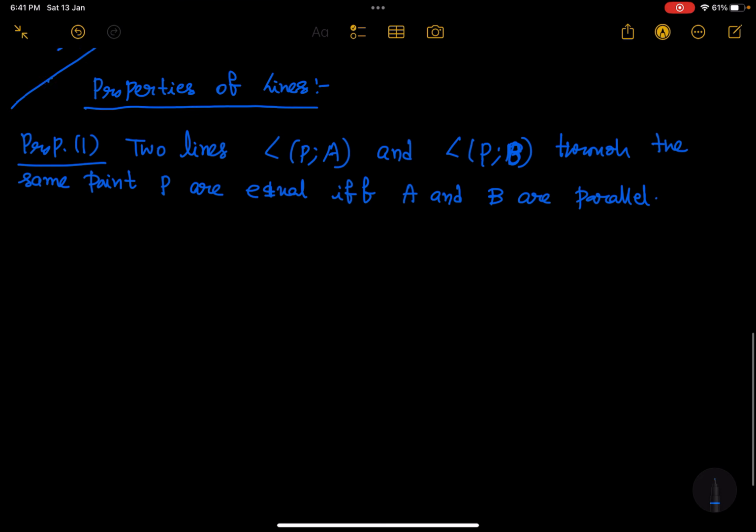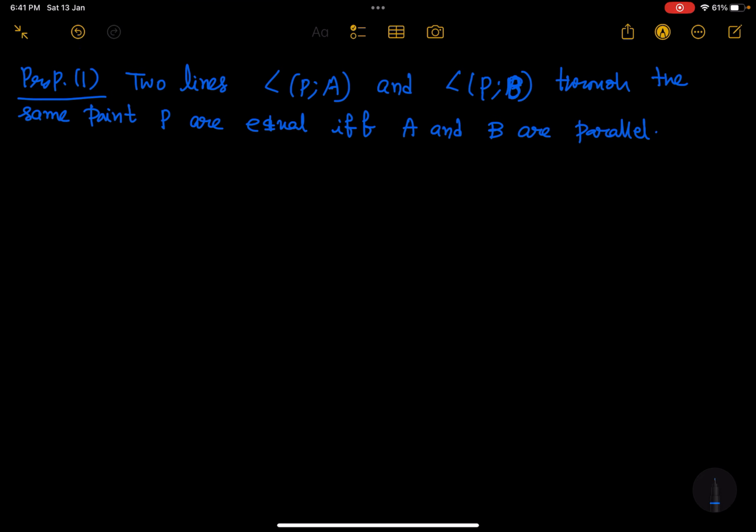Let us try to understand the statement first, then we'll go to the proof. Intuitively, what does it say? You have one line passing through some point P along the direction of capital A. The other is another line passing through the same point, but the direction is different.